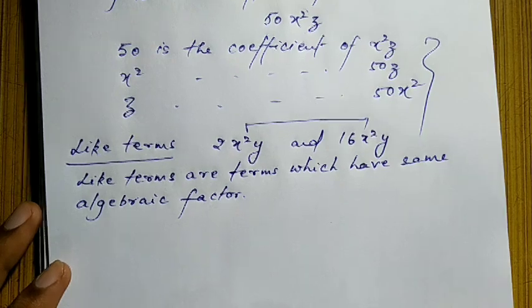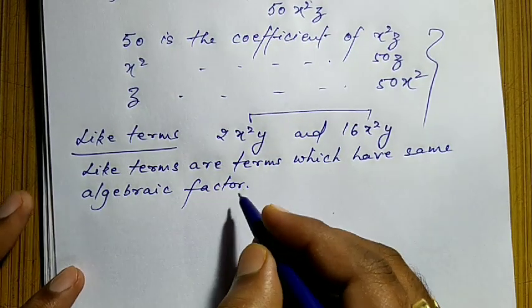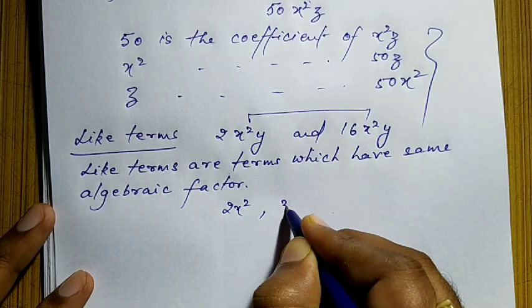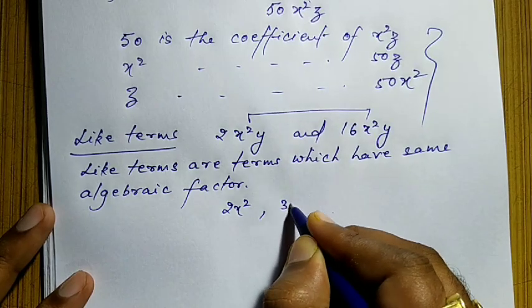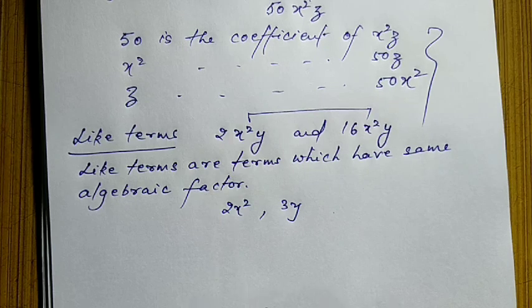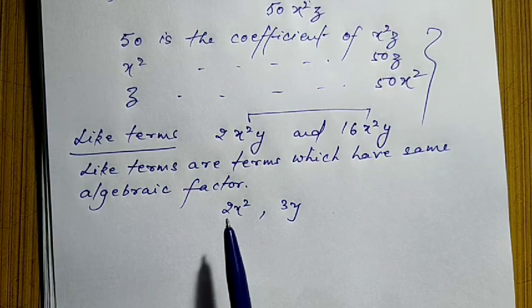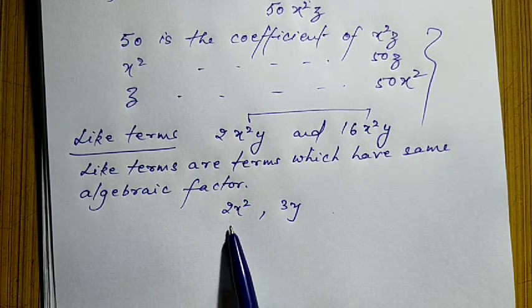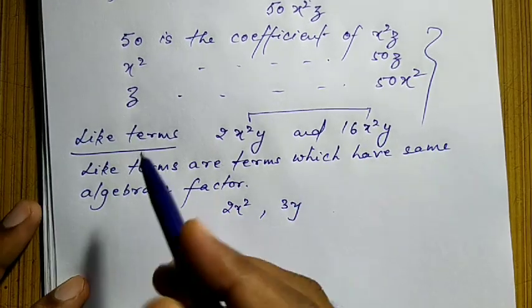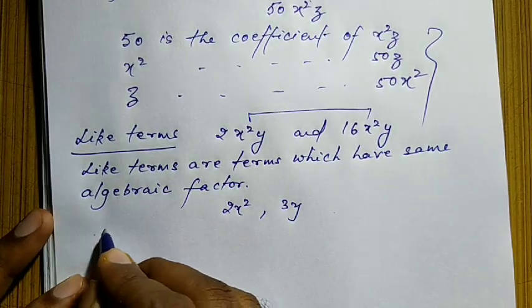Okay, now what is an unlike term? Suppose I write 2x square and 3y. Okay, so unlike terms are the terms which have different algebraic factors, so this is an unlike term.